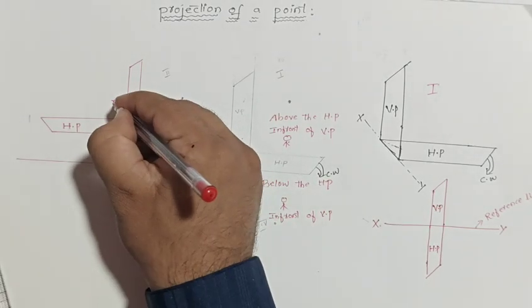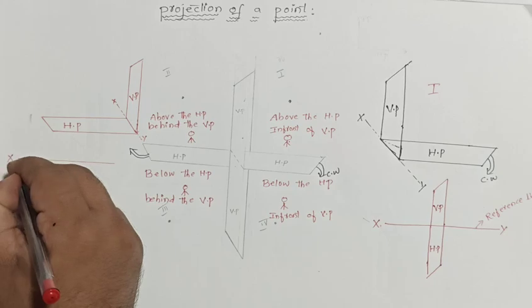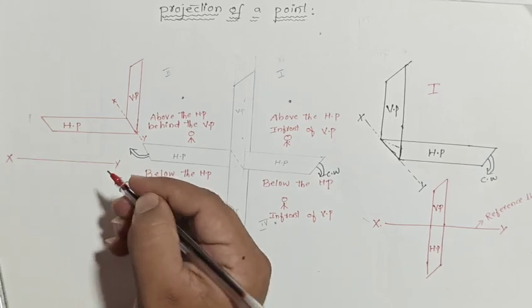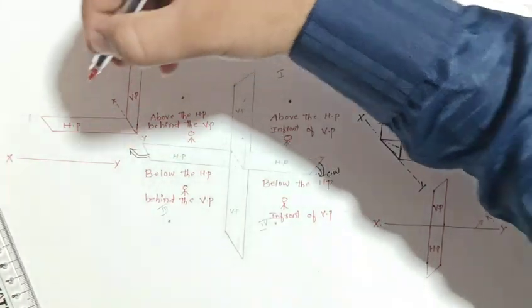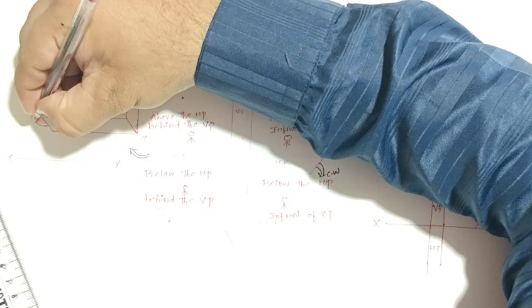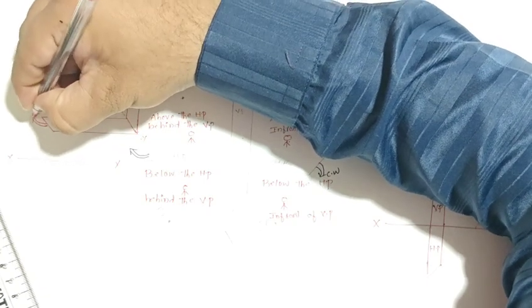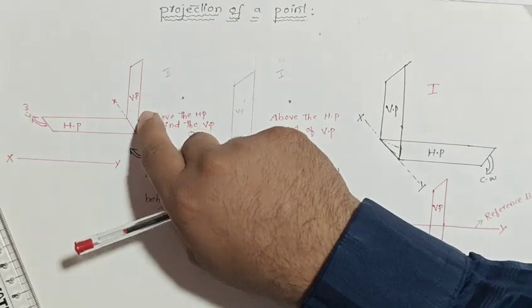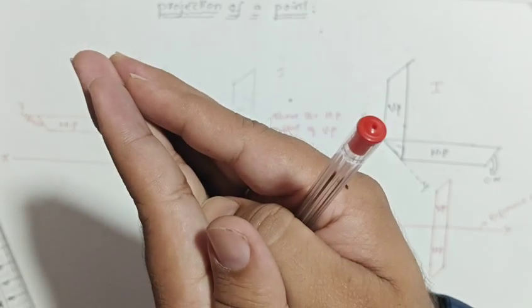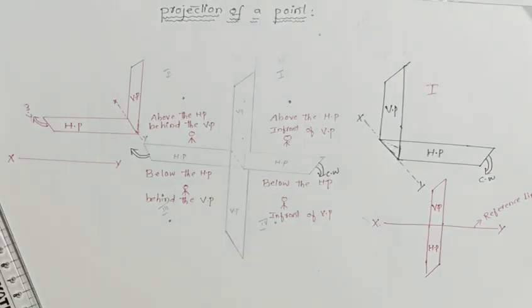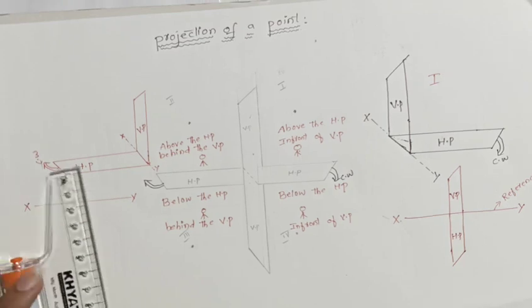This is x and y. Just now I told you the horizontal plane will rotate in which direction? Clockwise direction. This HP and VP both are above the reference line.